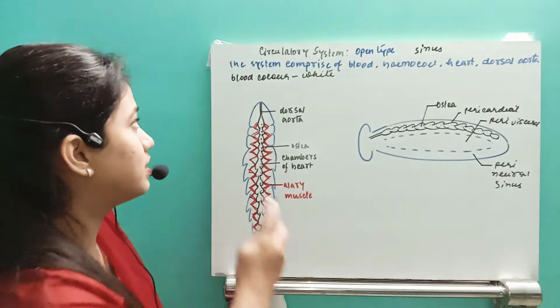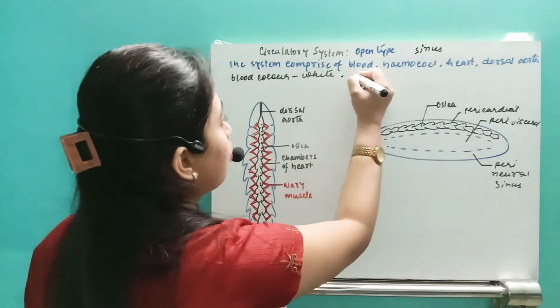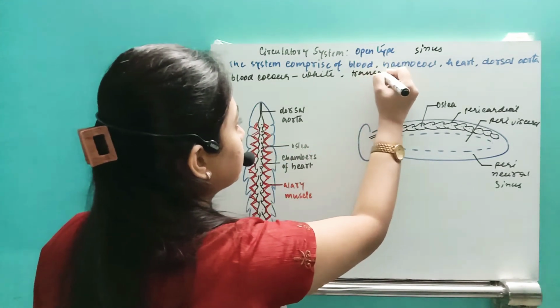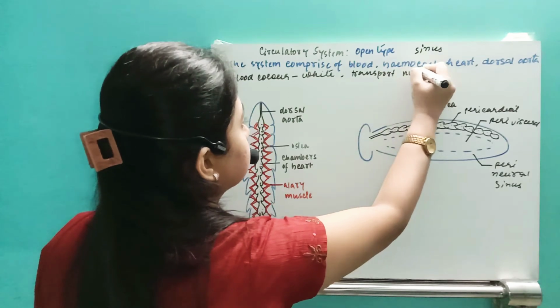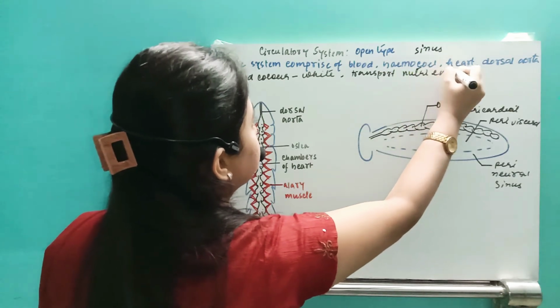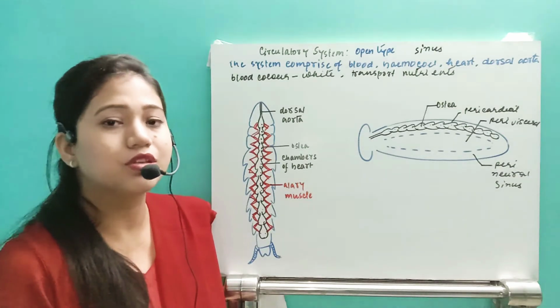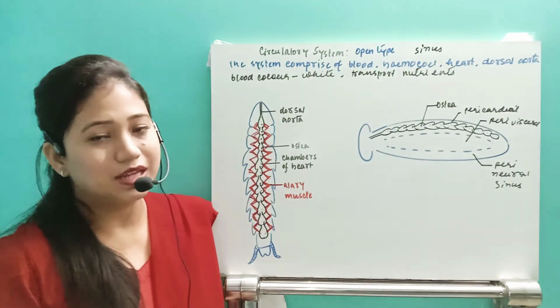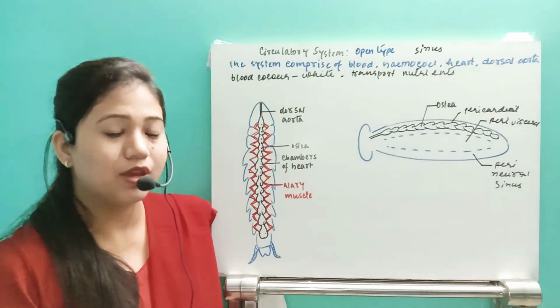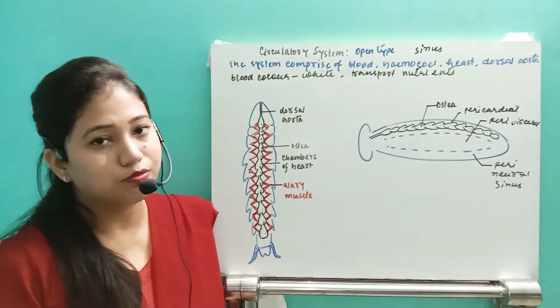So remember that this circulatory system only transports nutrients, not the gases, due to the absence of the respiratory pigment, that is hemoglobin. This is a very important point.